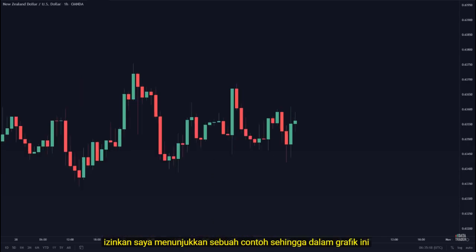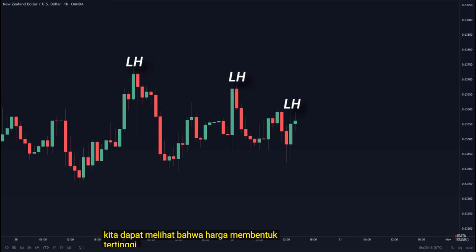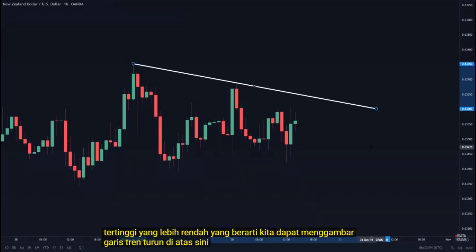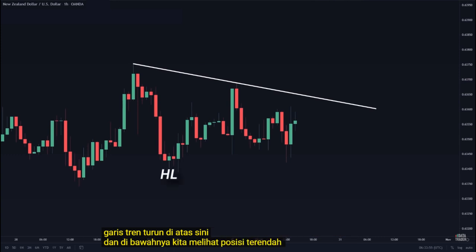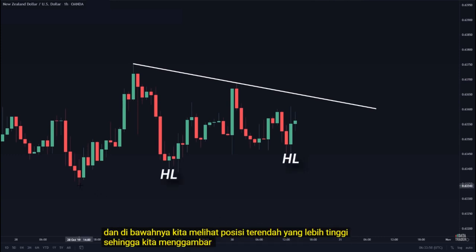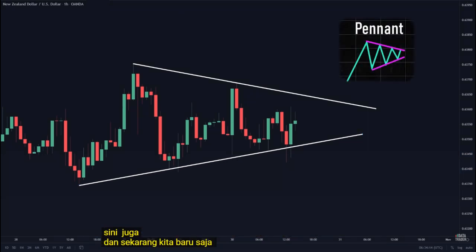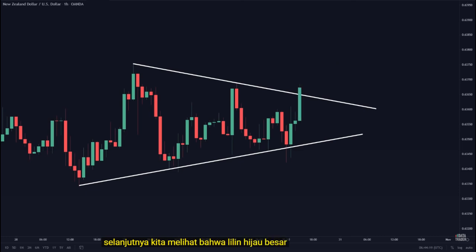So in this chart, we can see that the price is forming lower highs, meaning we can draw a downward trend line above here. And below it, we spotted higher lows, so we draw an upward trend line below here as well. And now, we just formed a pennant pattern. Next, we saw that a big green candle broke above the upper trend line.